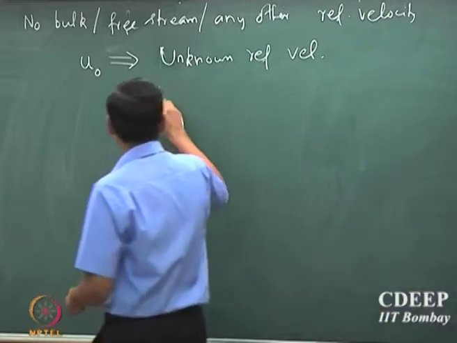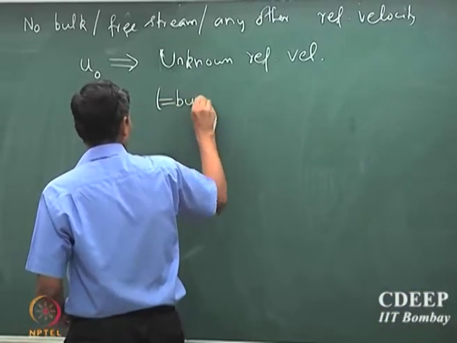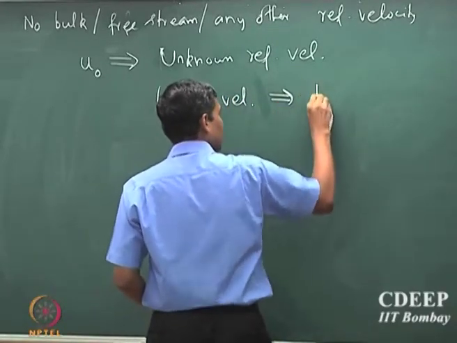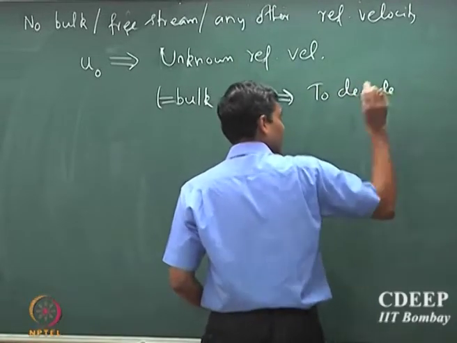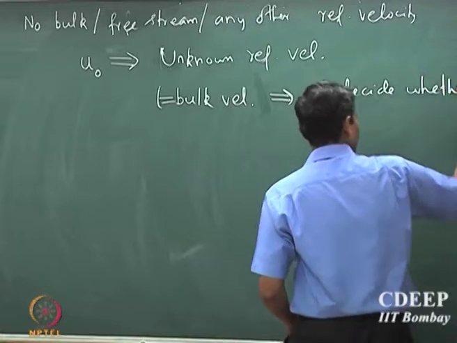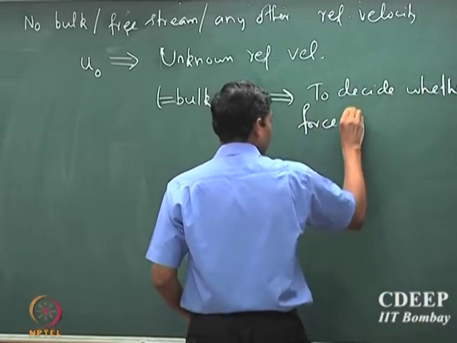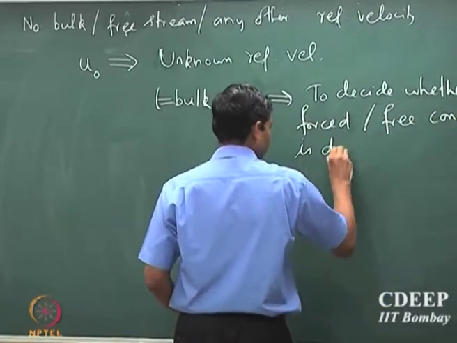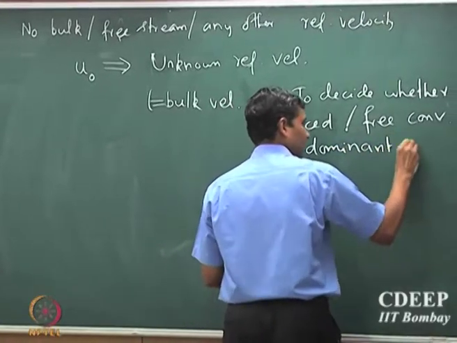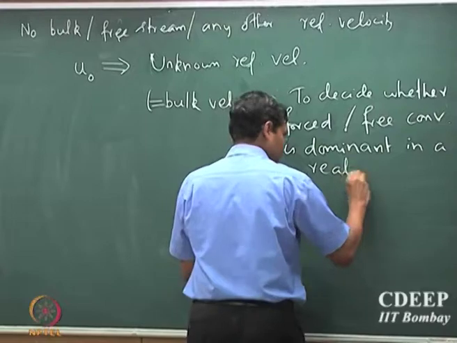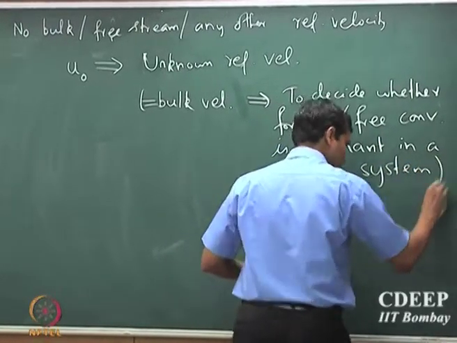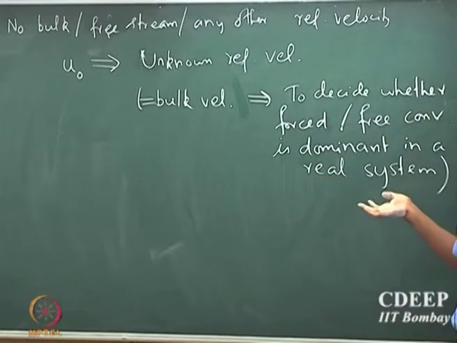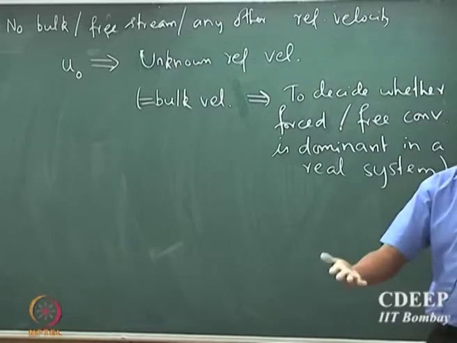And in fact, in that situation, this unknown reference will simply be equal to the bulk velocity itself, to decide whether forced or free convection is dominant. We will see that mostly before the end of today's lecture as to how to decide which one is dominant and how to decide particularly which correlations to use.